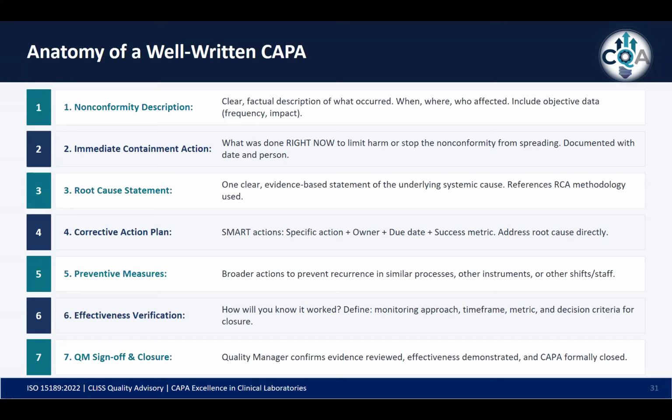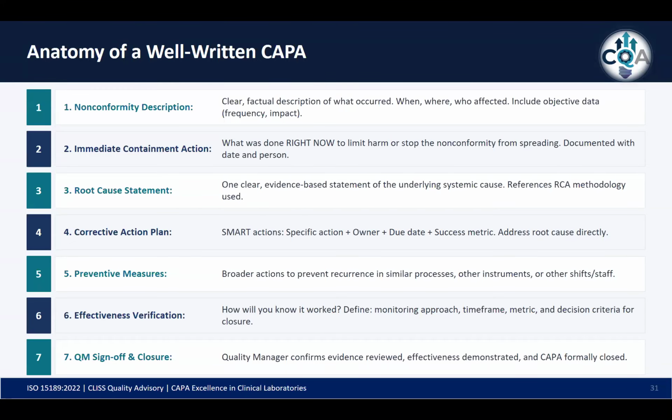Okay? You need to define the monitoring approach, the time frame, the metric, and the decision criteria for the closure. This is predefined so that when you come back after 30 days or after 60 days, you're already checking against what is predefined, and then you are able to conclusively say this has been checked, verified, and is a candidate for closure by the quality manager.